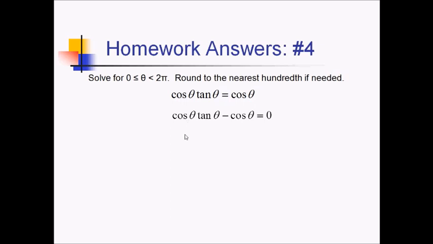So I can write cosine of theta and then parentheses tan of theta minus 1 equals 0. And now I have 2 factors that I can set equal to 0. So for one branch, I have cosine of theta equals 0. And for the other branch, setting this parentheses equal to 0, I have tan equals 1.